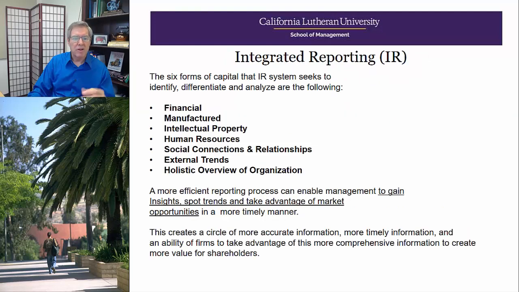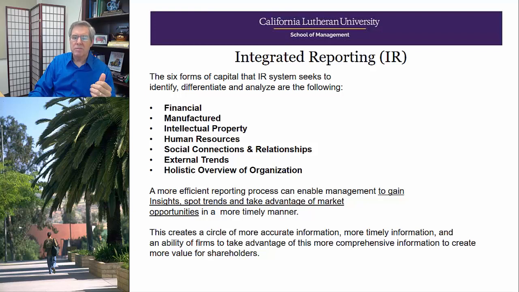So integrated reporting, or IR, the 6 forms of capital within this IR system seek to identify, differentiate, and analyze the following: financial information, manufacturing, intellectual property, human resources, social connections and relationships within and outside the industry, external trends, and taking a holistic view of the organization.